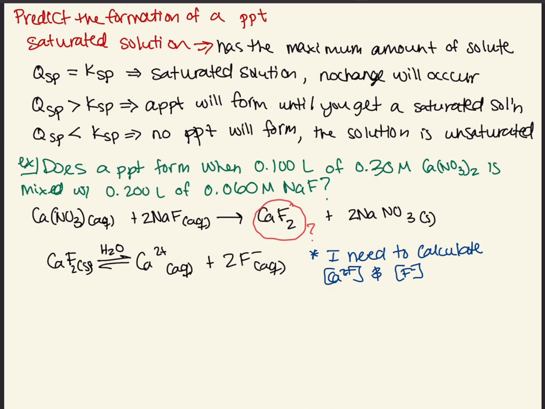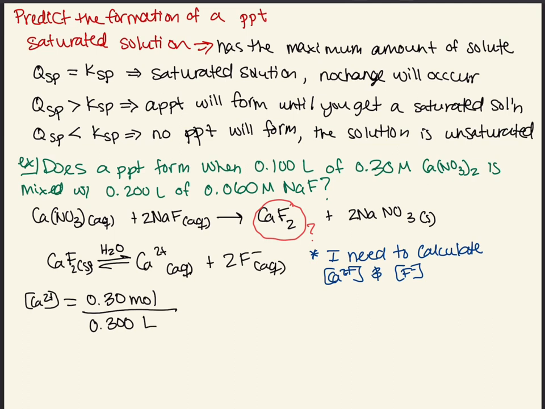So for calcium ion, I am going to have 0.30 moles of my calcium divided by 0.300 liters.